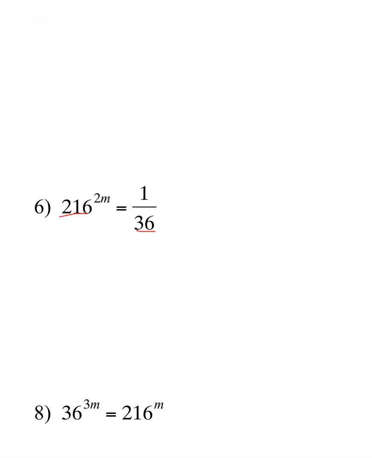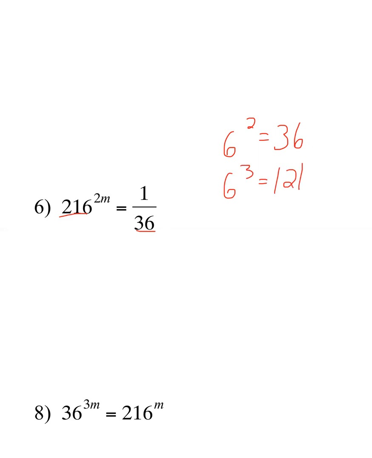Let's just think, what number could I write 36 and 216 as raised to some exponent? Well, 36 is certainly 6 squared, and it turns out that 6 to the third is 216. Even if you want to jot that down, 6 squared is 36, and 6 to the third is 216.